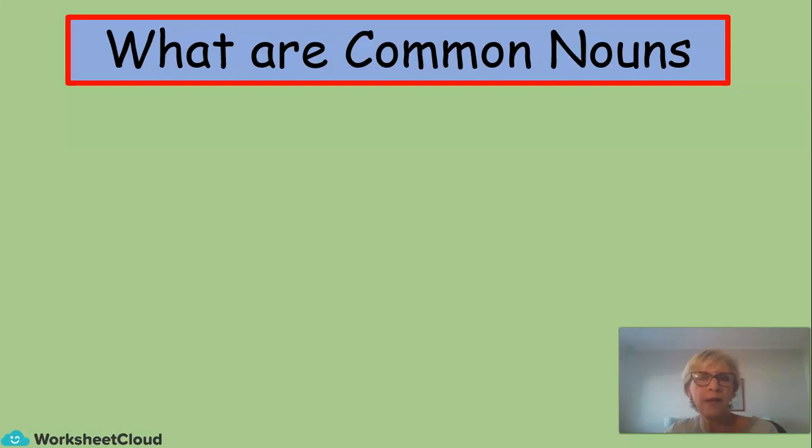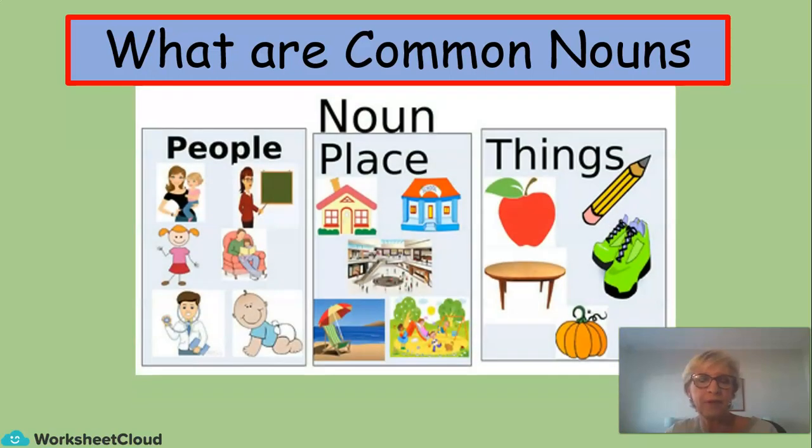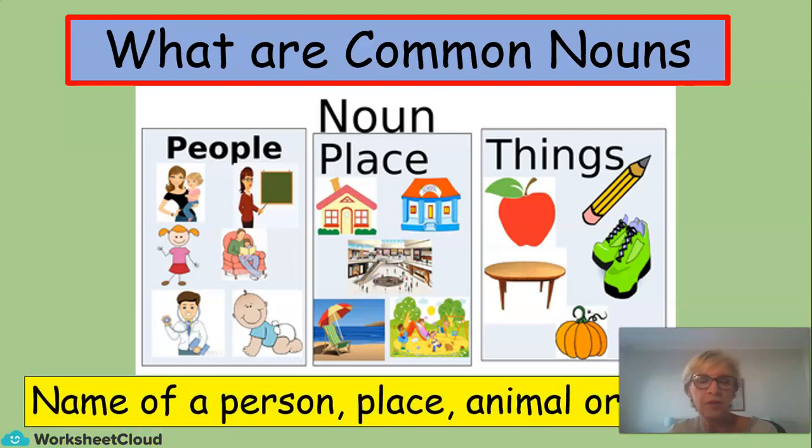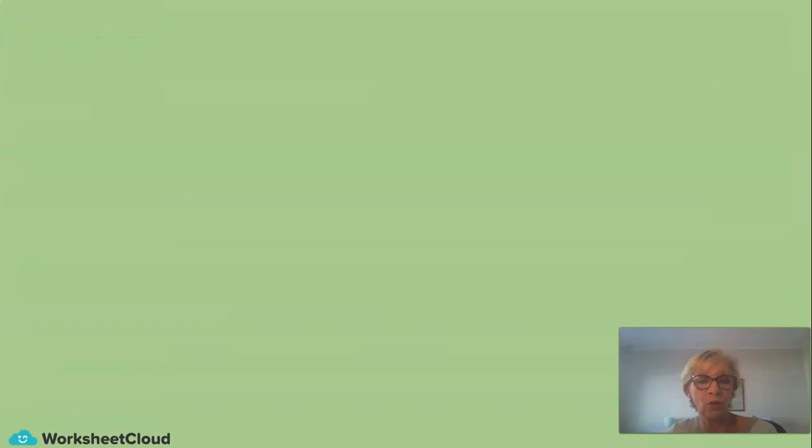So what are common nouns then? A common noun is just an everyday noun of a person, a place, a thing, an animal. So a name of a person, place, animal, or thing, and it does not have to be a capital at all.